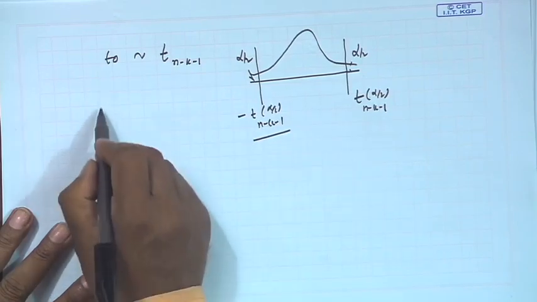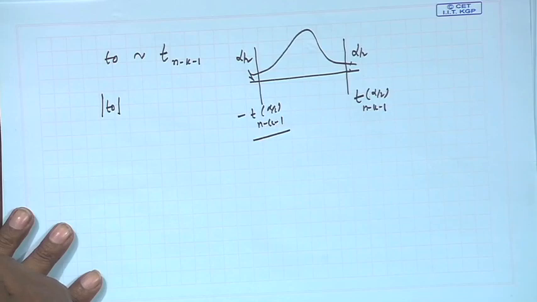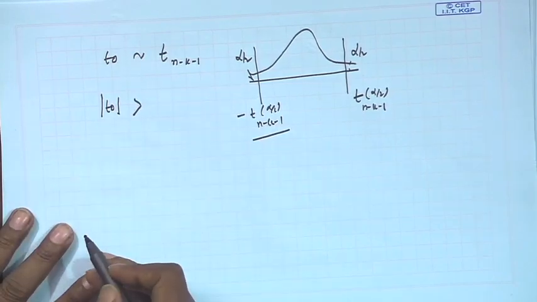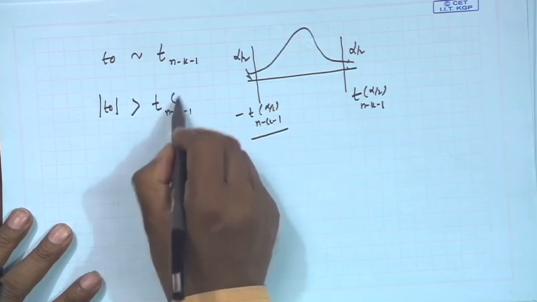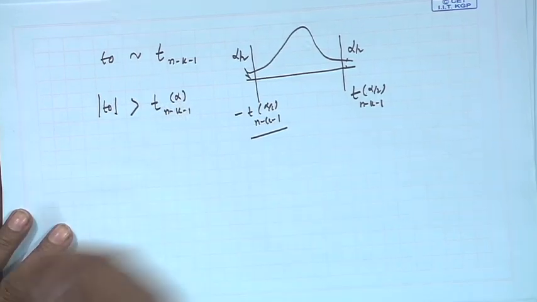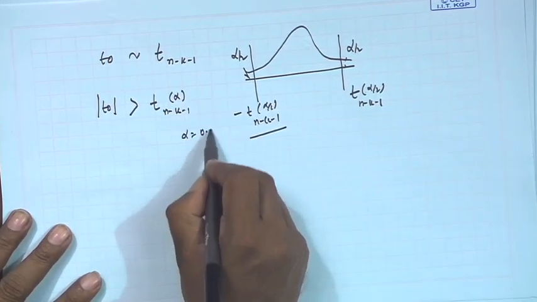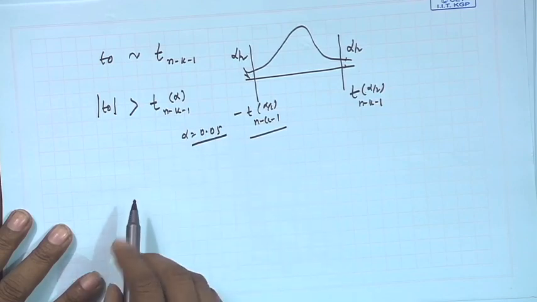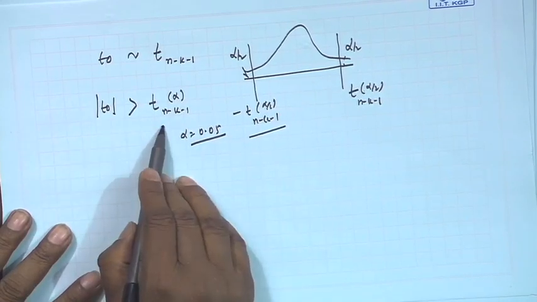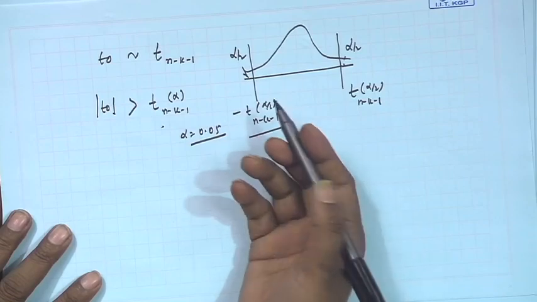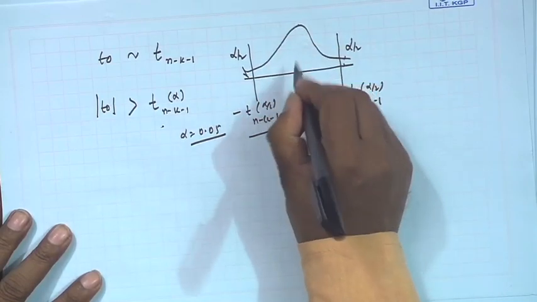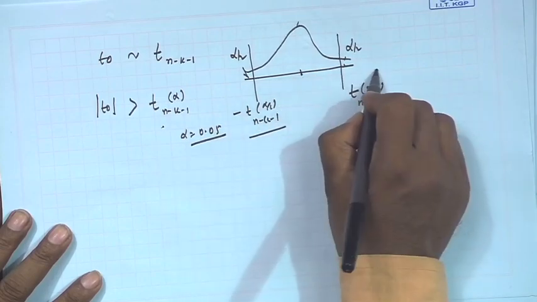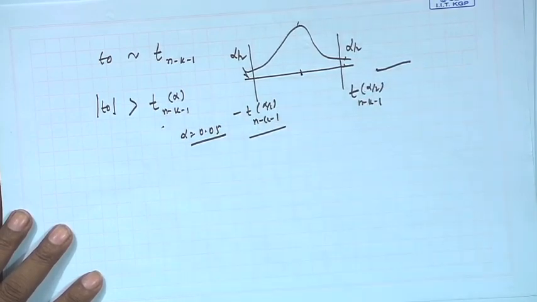So if the absolute value of T0 is greater than T alpha by 2, n minus k minus 1, where alpha usually will be 0.05, then we can say the corresponding beta j parameter is significant. It is not 0, it is far away from 0. Okay, so this is the test.